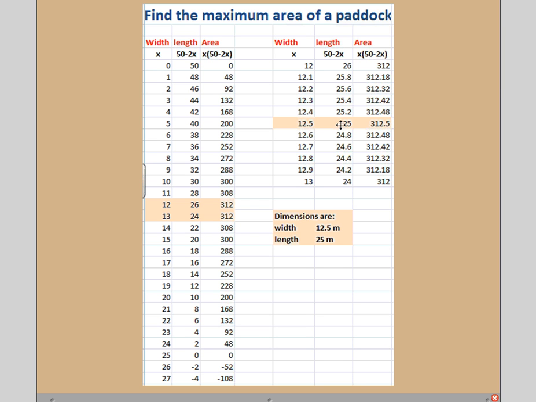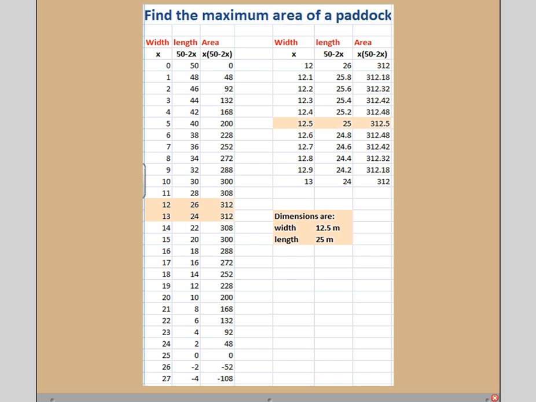From here we can see that if the width is 12.5 metres, the length, which is 50 minus 2x, is 50 minus 25, so the length is 25 metres. So that's one way of determining the dimensions of the paddock for maximum area using a spreadsheet.